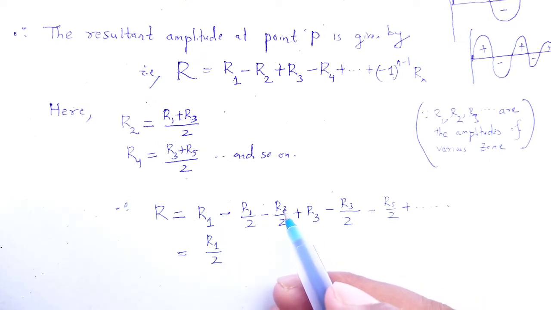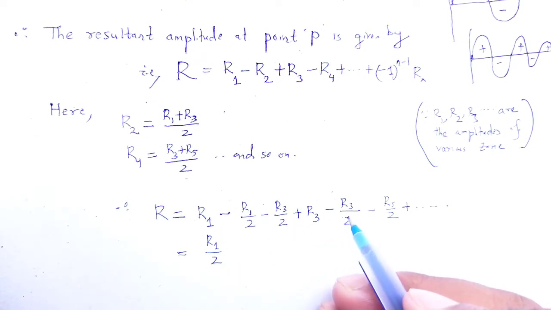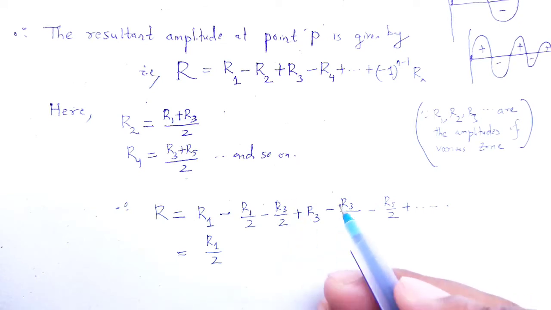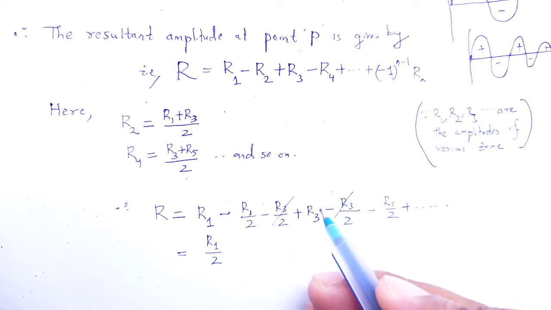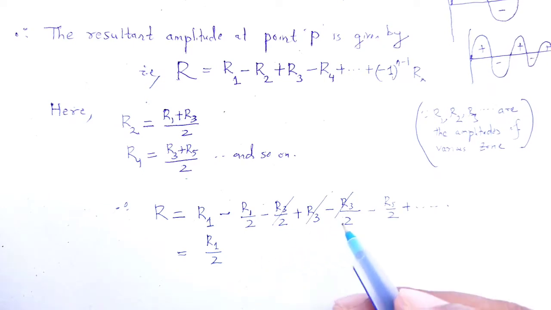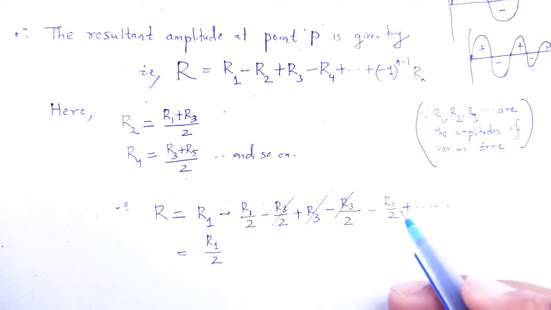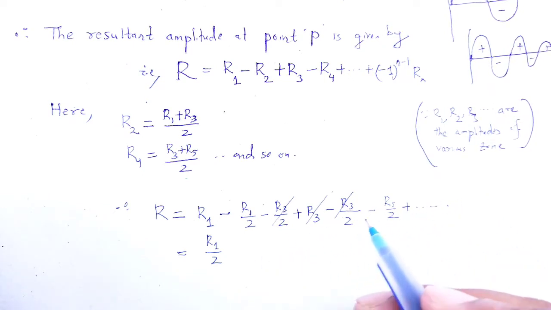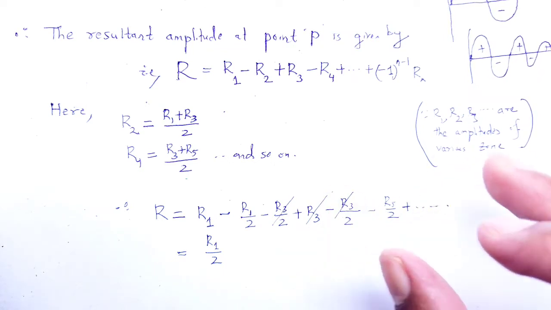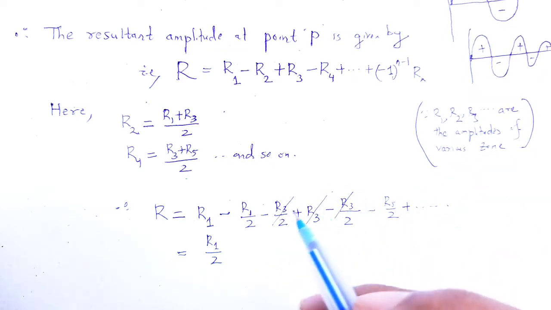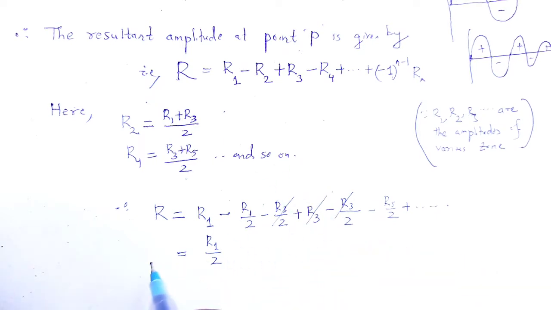Next, R3 divided by 2 and R3 divided by 2 gives minus R3, so minus R3 plus R3 cancel out. Like that, the other terms R5, R6 are all cancelled out. Only the term that depends upon the value of n exists.